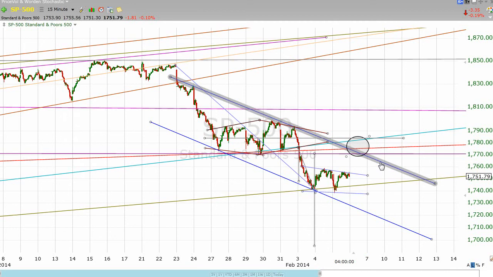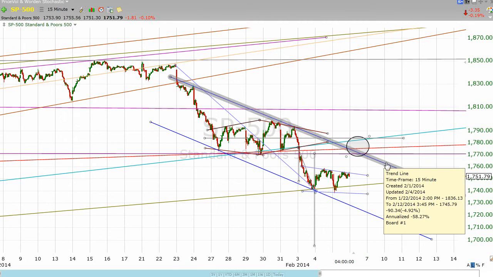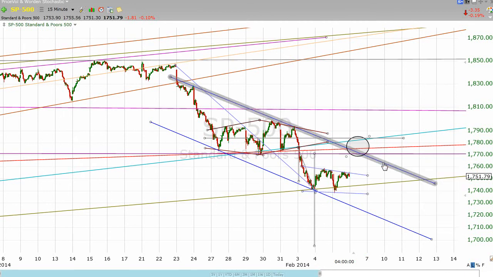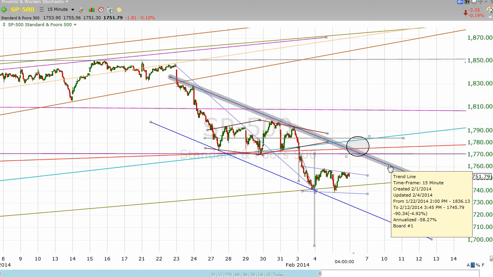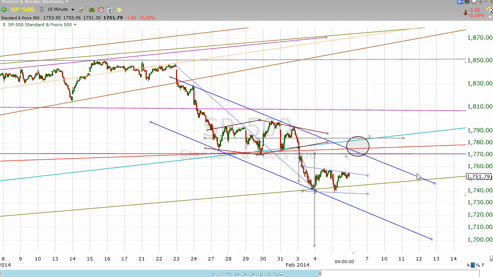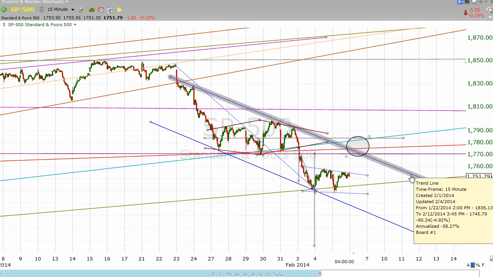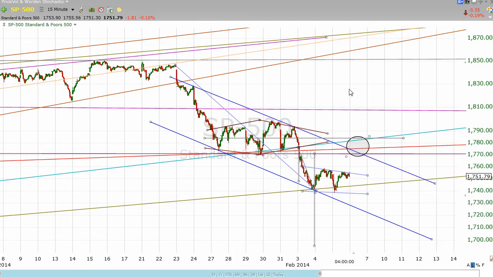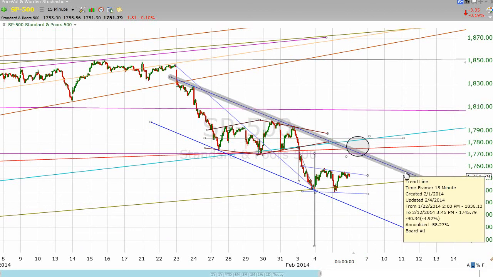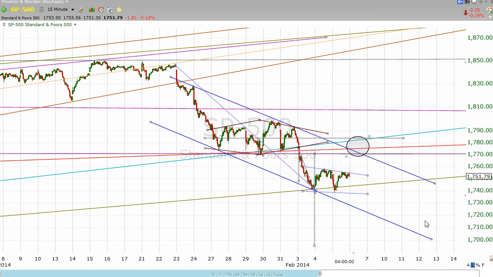If this breaks, then I believe we are probably looking at a reversal, at least a short-term reversal. But if we just go sideways and hit it, then I would not be the least bit surprised if we see another leg down to come down and test our support line down here.